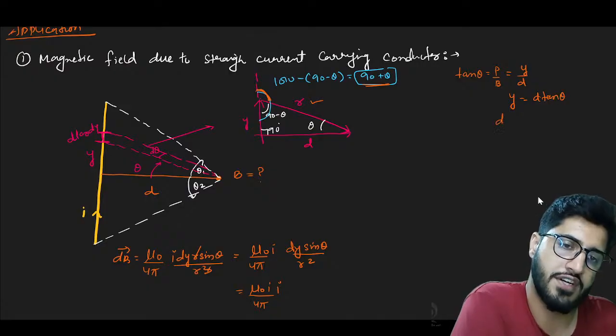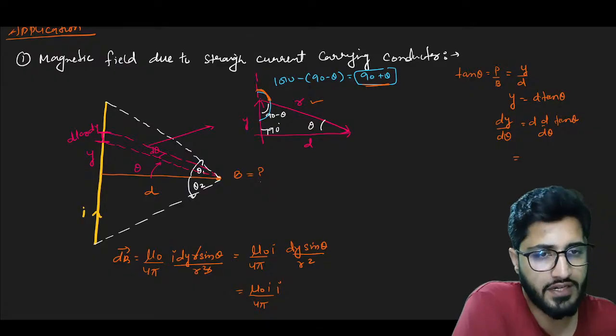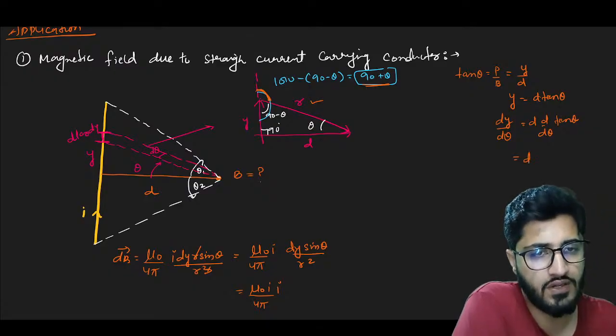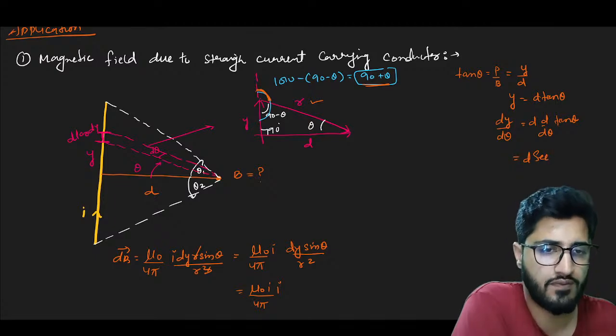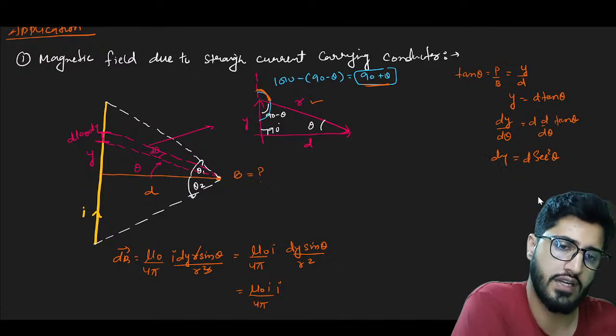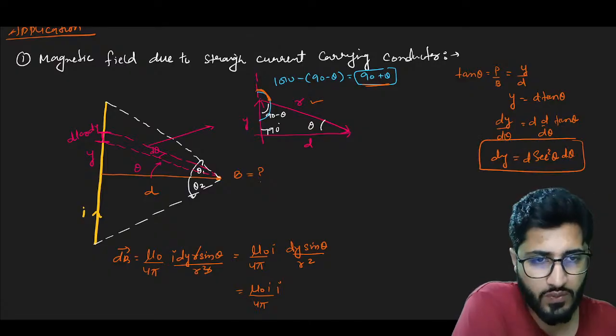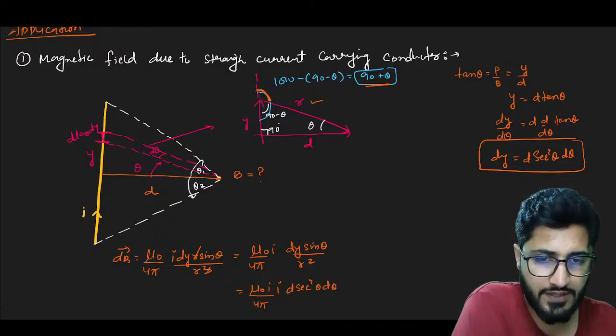So I will differentiate it, dy by d theta. d is constant, so I will do differentiation of tan theta, which gives sec square theta. So now dy is d sec square theta d theta.